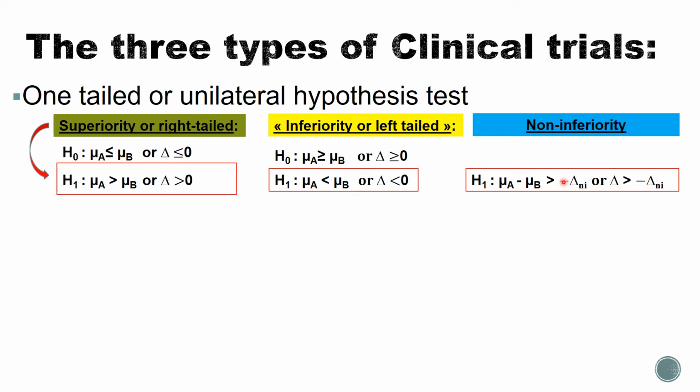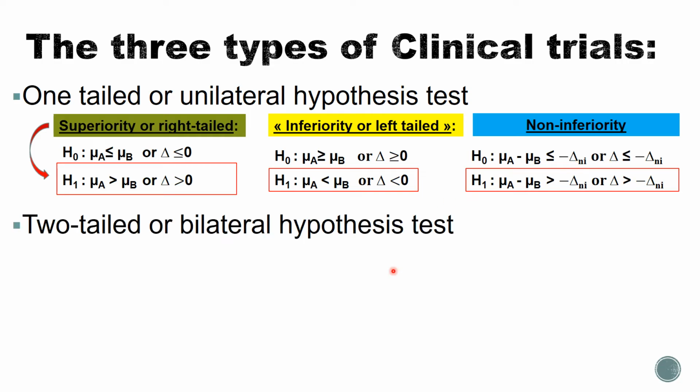Less than a certain threshold. In other words, it should be greater than a certain threshold. So that's what we've written here. What the null hypothesis would be that the difference should be what? That's the opposite of our research hypothesis. It should be less than or equal to this threshold.